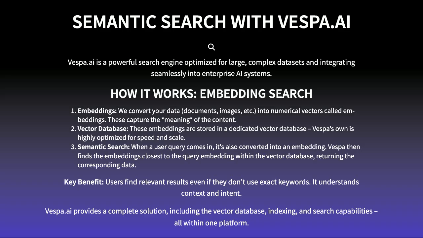Then we store these embeddings in a specialized vector database that Vespa manages, designed to be incredibly fast and handle massive amounts of information. When someone searches, their query is also converted into an embedding, and Vespa quickly finds the data embeddings most similar, meaning most relevant to the user's search terms. It's like finding the closest match based on understanding, not just literal words.